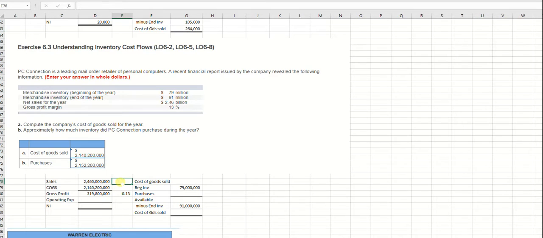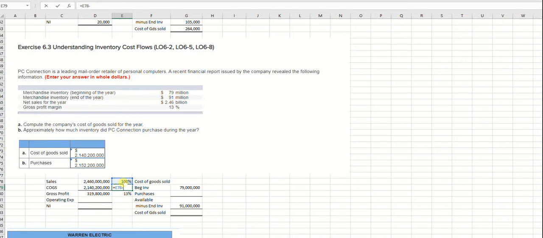If this one's 100%, and this one's 13%, okay, then I know cost of goods sold is the other portion.